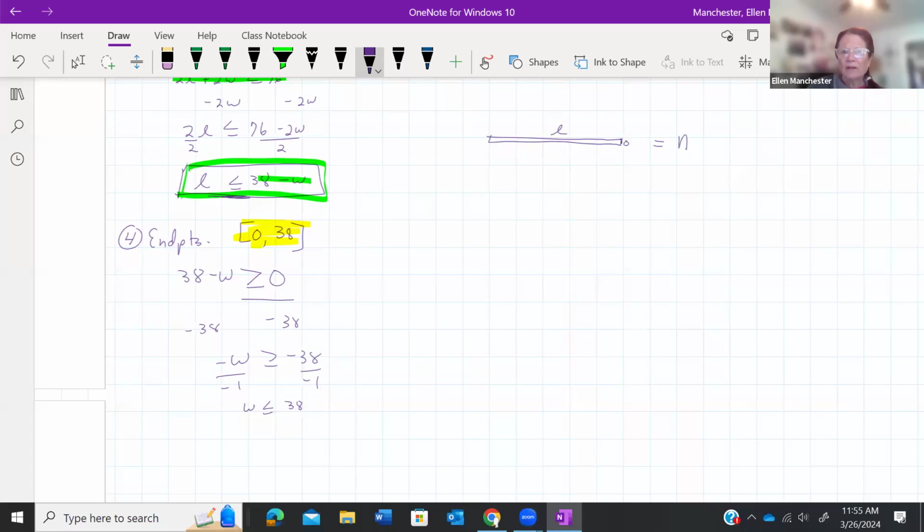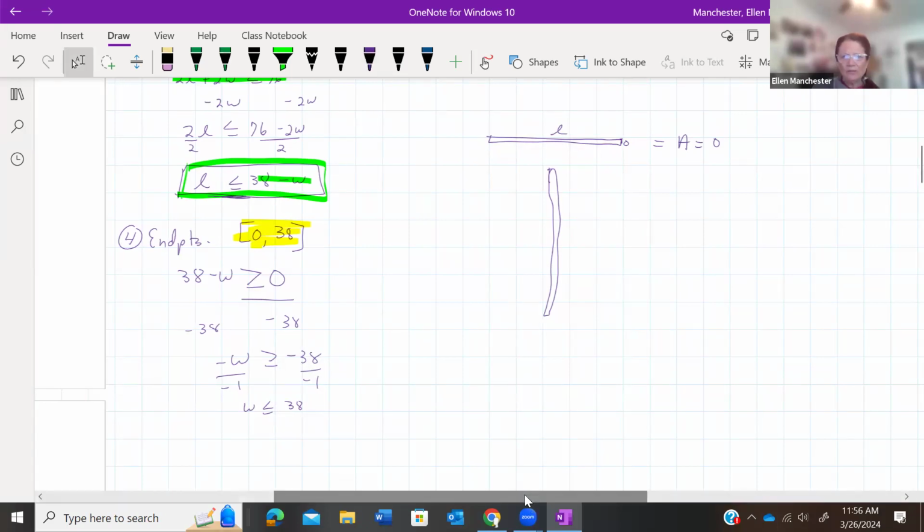I have 0 area because my width is 0. If I change that and I have all the width in the world, say my width is 38, what that does is it closes down my length. Okay, so again, I have 0 area.